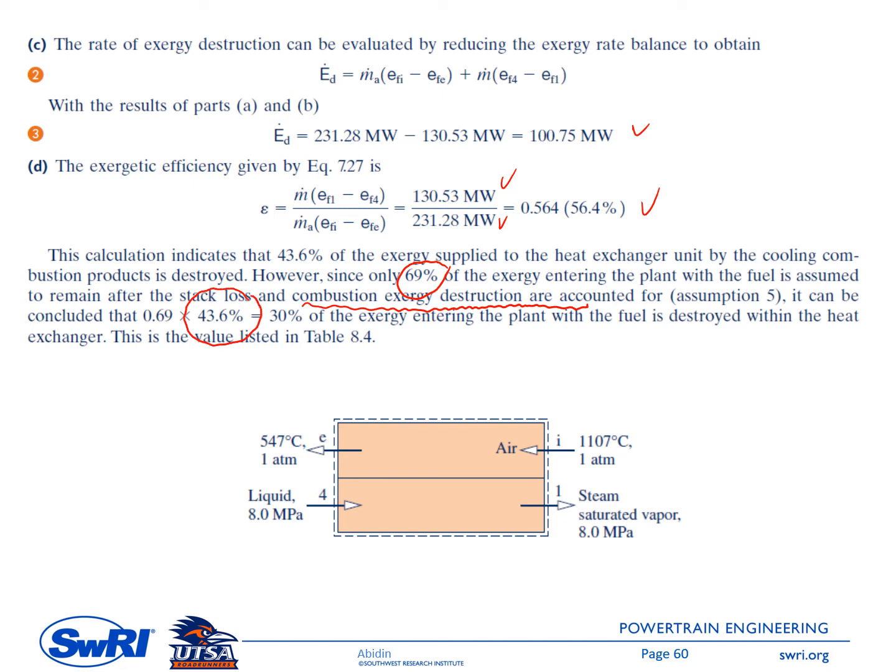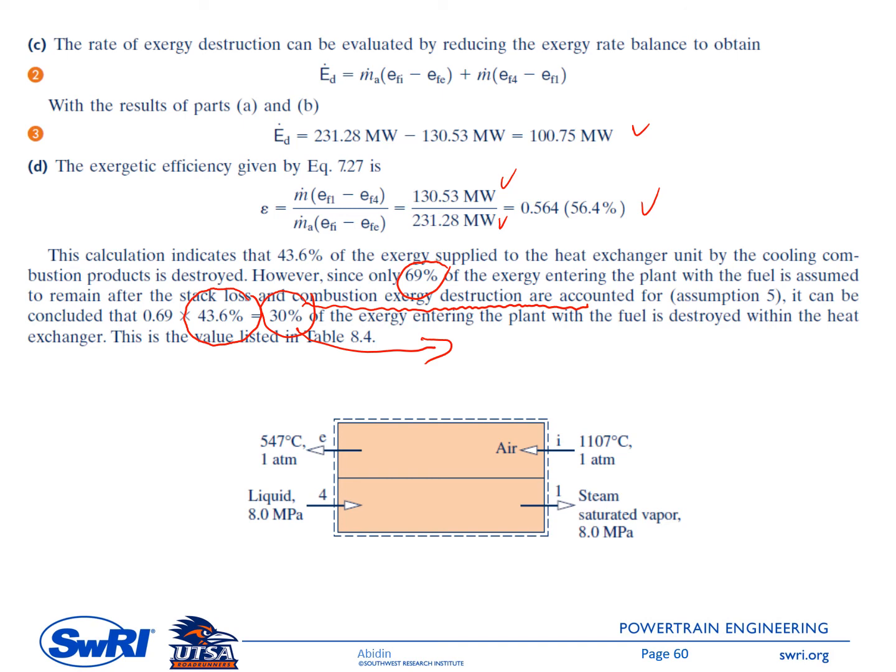So this is the exergy loss. If you multiply these two numbers, you will get 30%, and this is the actual number of the exergy that is destroyed within the heat exchanger.